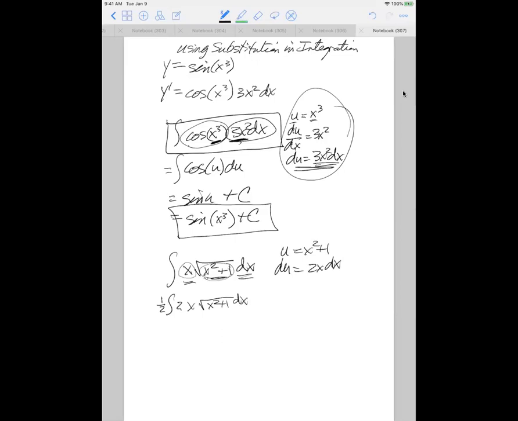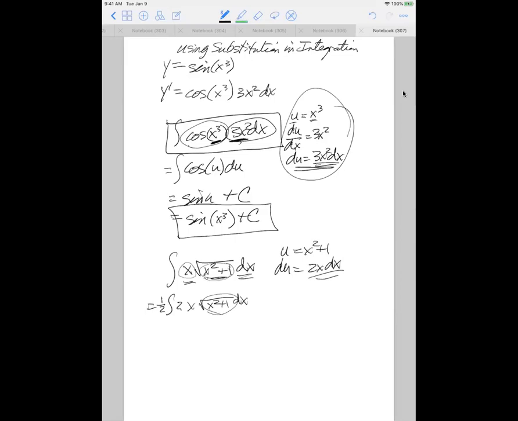Okay? So now I've got, so I had to introduce the 1/2 out front in order to introduce the 2 that I need to use the chain rule on this, the internal term, right?